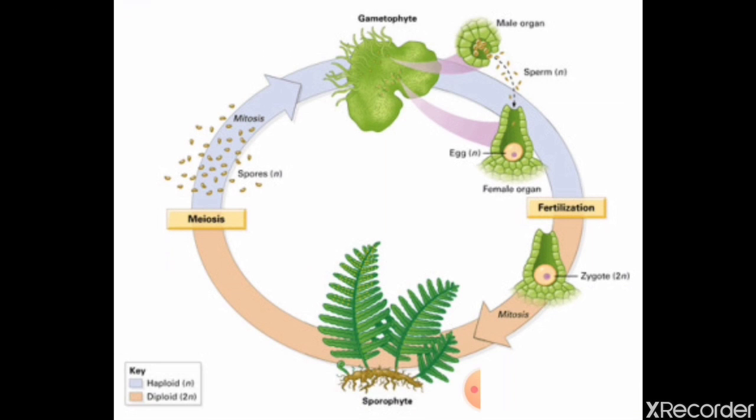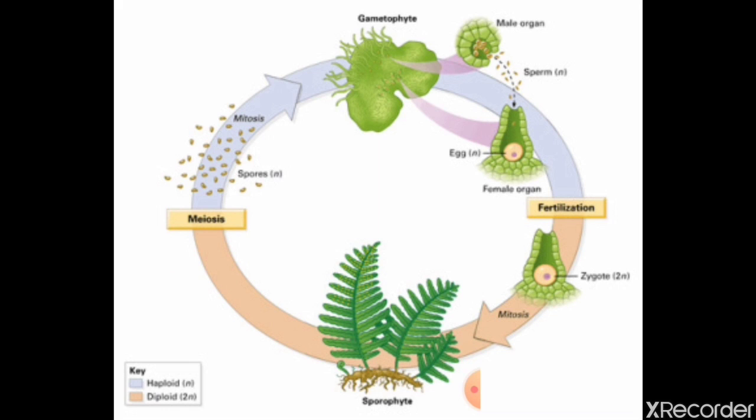This gametophyte contains male sex organs, that is antheridia, and it is also producing female sex organ called archegonia. Male gametes are produced in male sex organs, which are called antherozoids, and female gametes are produced in archegonium, which is called egg.